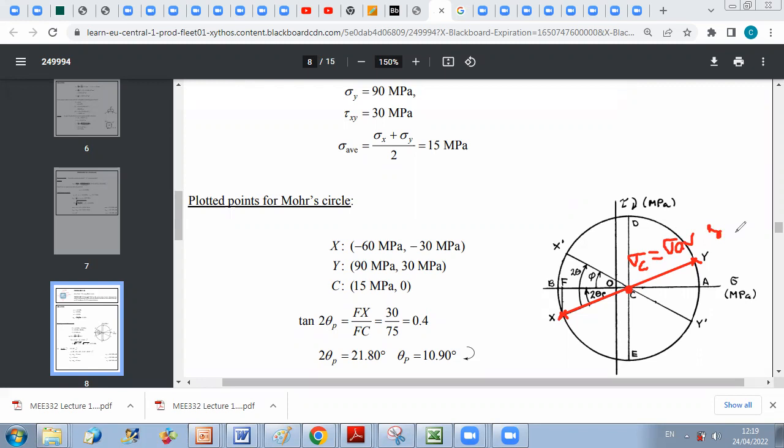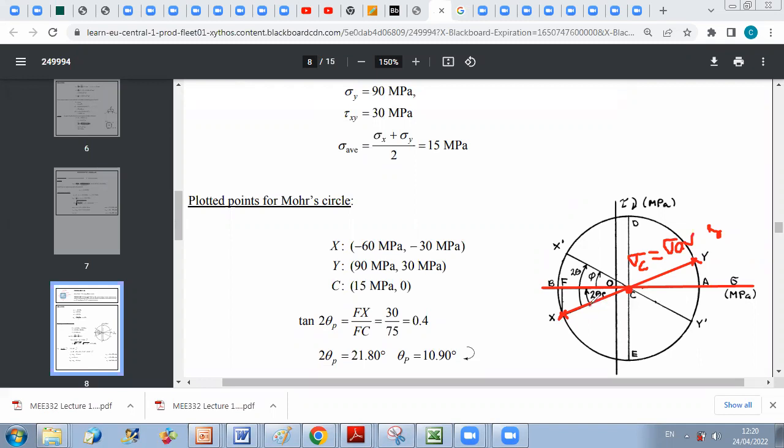Now, here X and Y are not the principal axis, and we can deduce their orientation relative to the principal axis. Why should we do this? Because look, geometrically, when we do projections, we will project on this axis. So it's important to know the angle between the XY axis and the sigma axis.